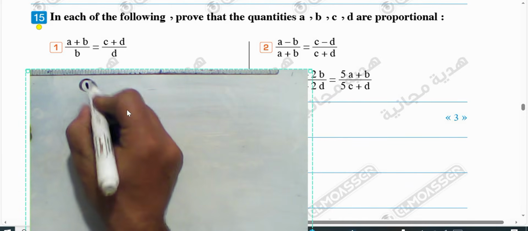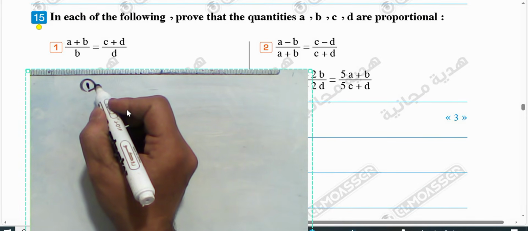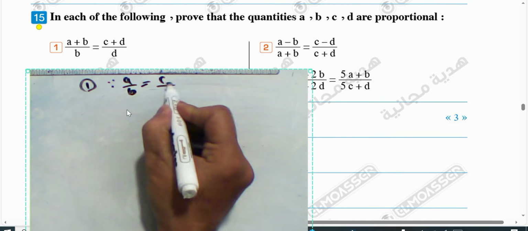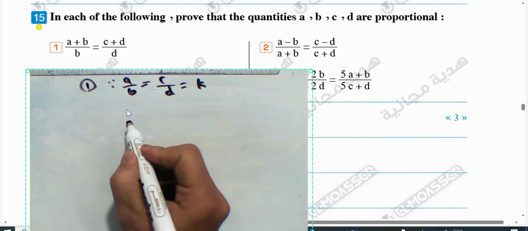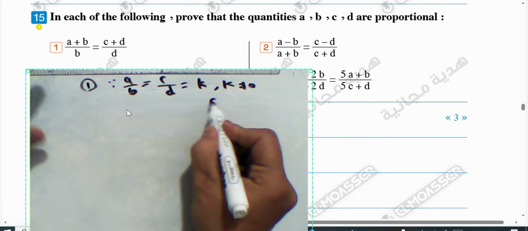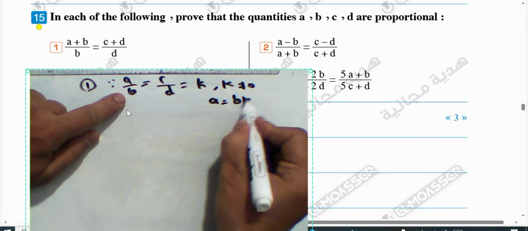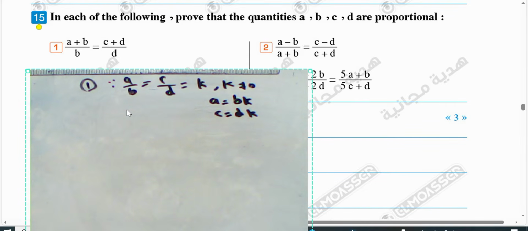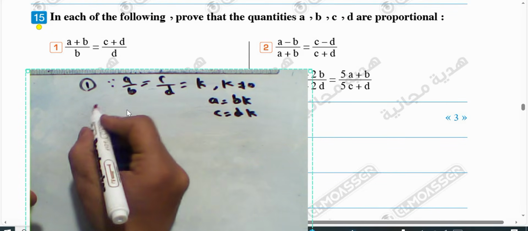If a over b equals c over d equals a constant k, and k is not equal to 0, then the value of a equals bk and c equals d times k. Start with the left hand side.